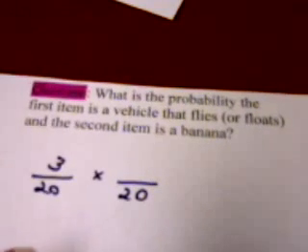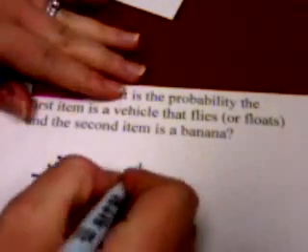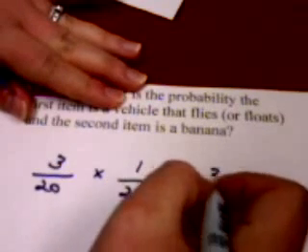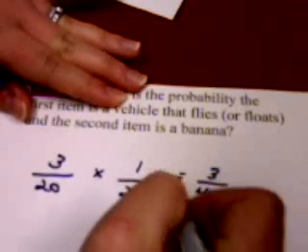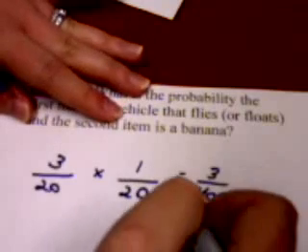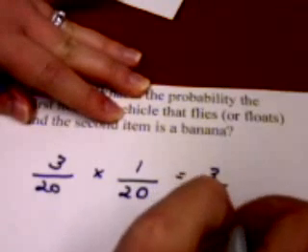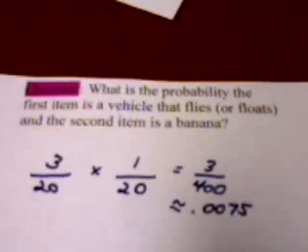And the banana, I only have 1 banana, so it's just 1 out of 20. So this is going to be 3 out of 400, which is approximately 0.0075.